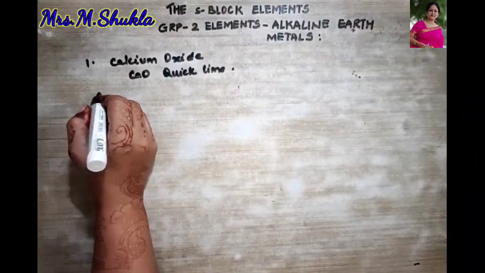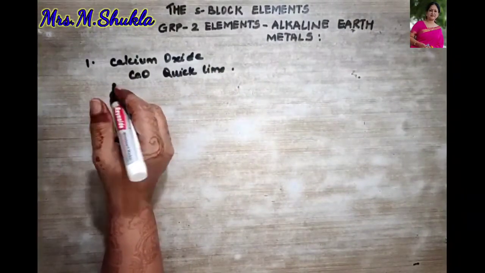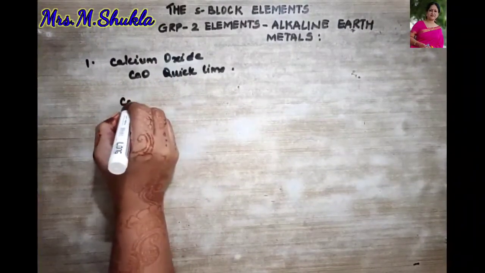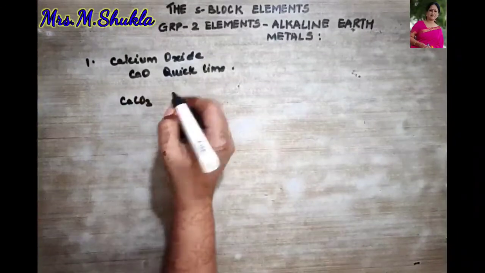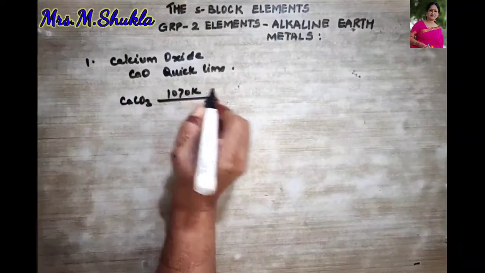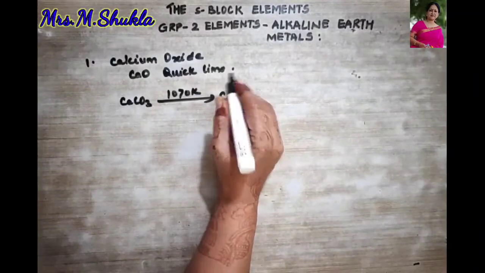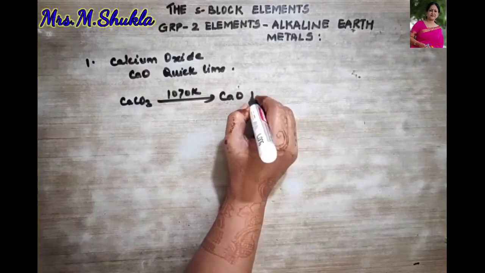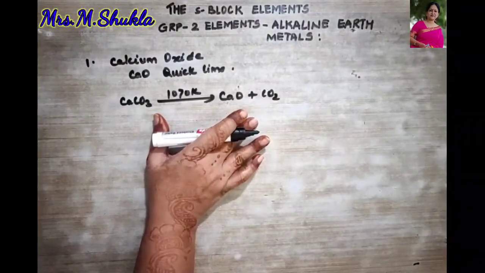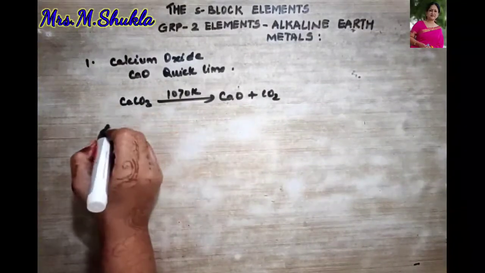Let us first understand its preparation. It is manufactured by heating limestone, that is CaCO3, at 1070 Kelvin, and it gives us quicklime CaO plus CO2, and this is done in an open kiln.